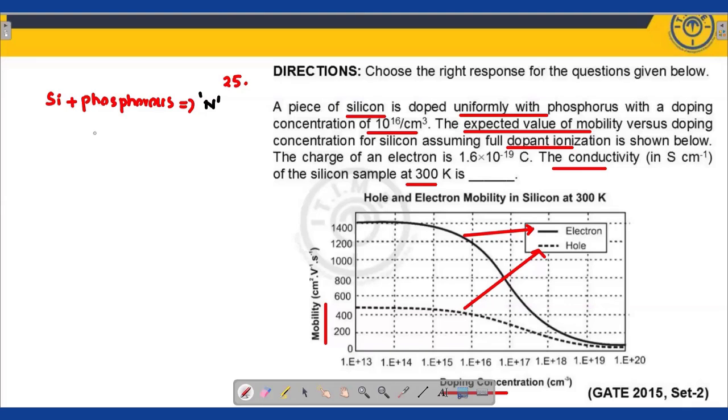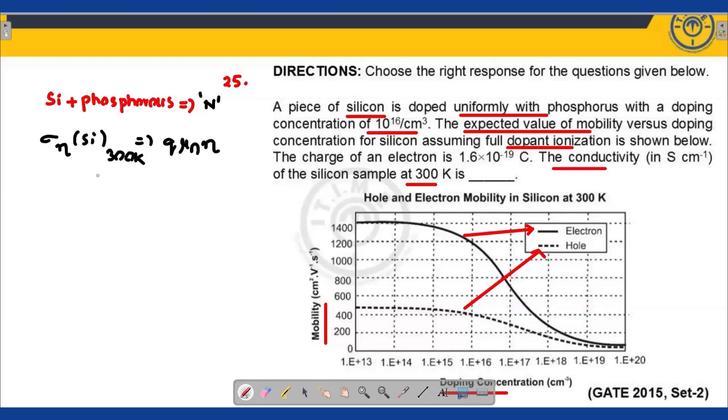So he is asking for the conductivity of N type silicon at 300 degree Kelvin. The formula is sigma equal to q into mu n into n.